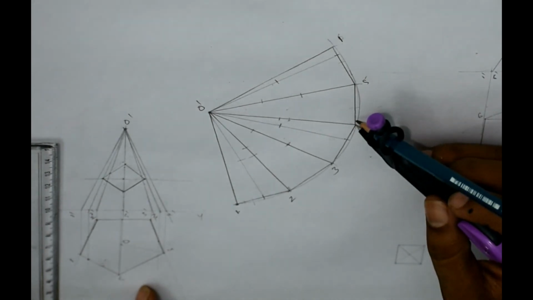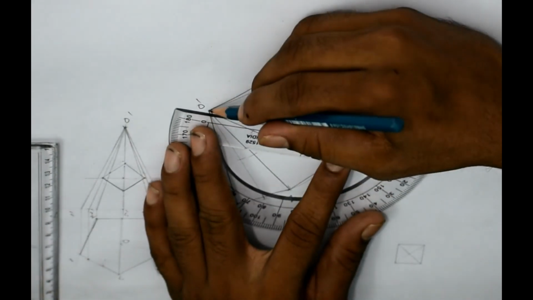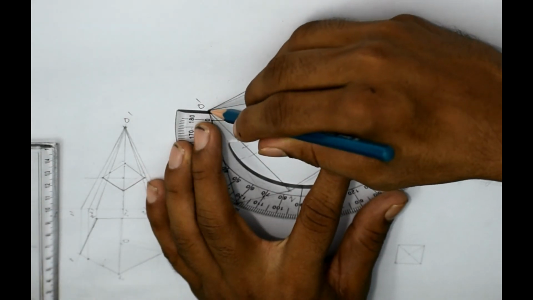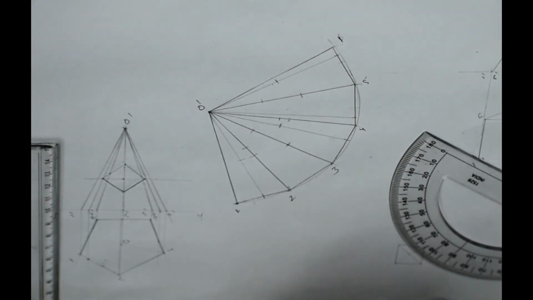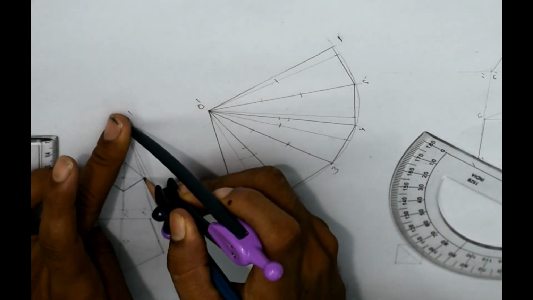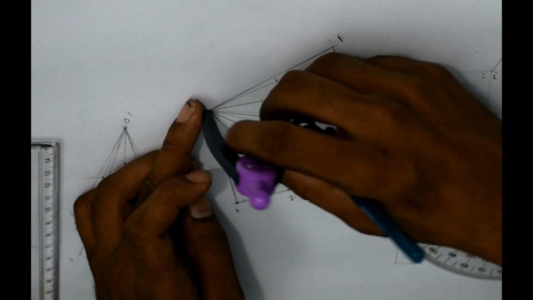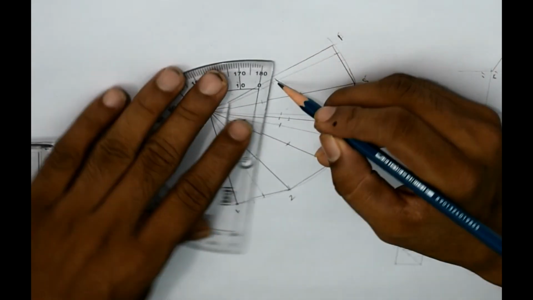From 4 to 5 there is small distance which also has to be taken into account, and the arc required. So we can easily join these 4 points now.